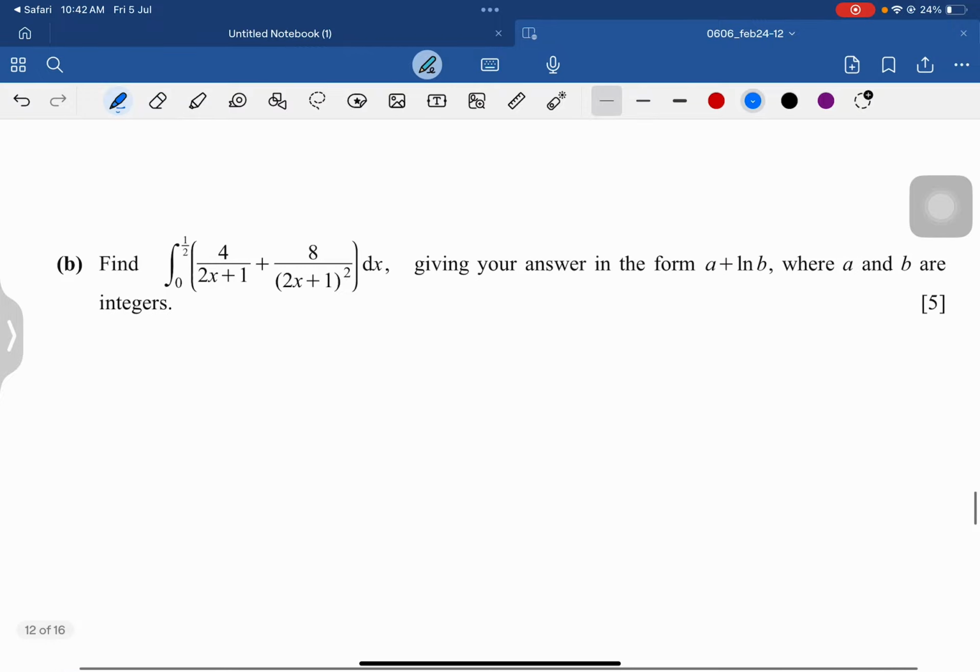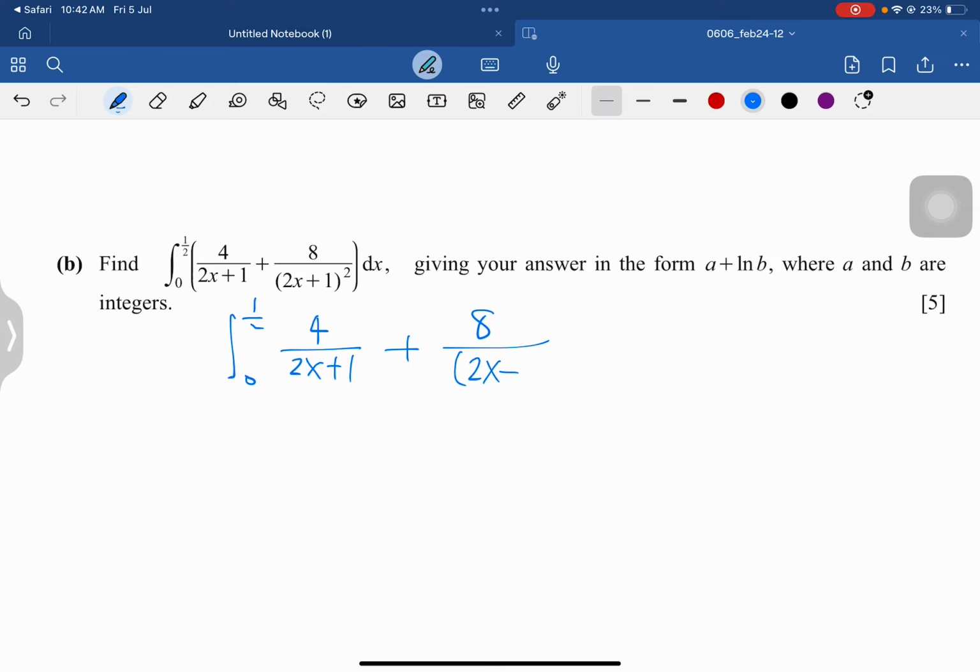Find it in the form of A plus ln B. Okay. So same thing, copy down the question. Integral from 0 to half of 4 over 2x plus 1 plus 8 over 2x plus 1 squared dx.